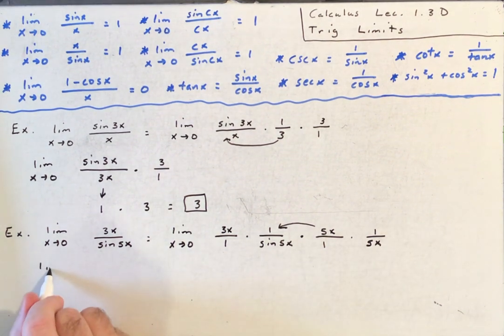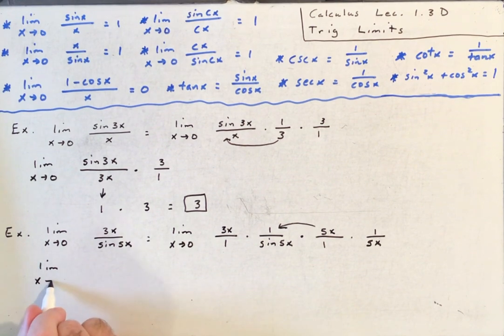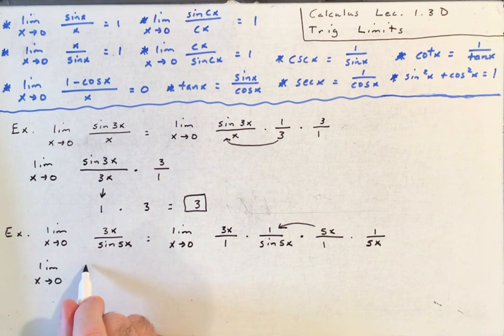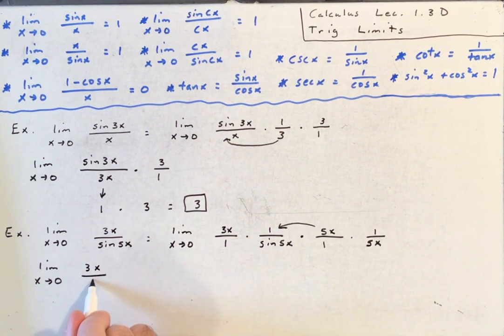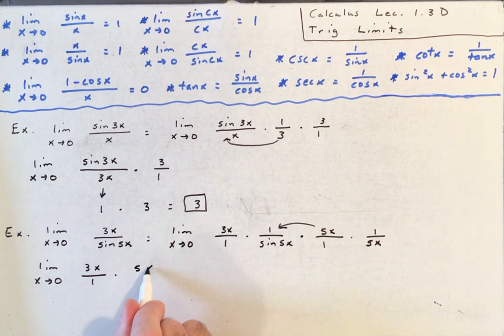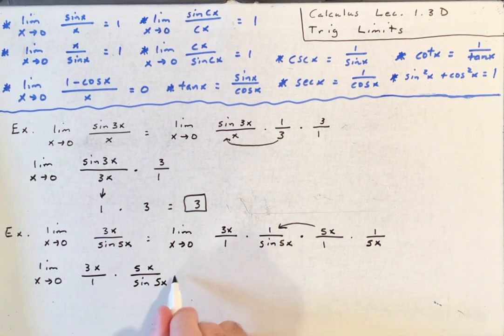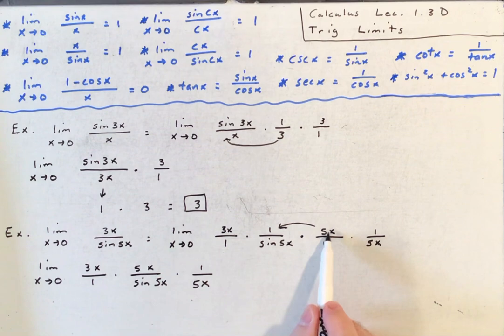So that would give us the limit as x approaches 0 of 3x over 1 times 5x over sine 5x times 1 over 5x. Okay, I brought that 5x to right here.